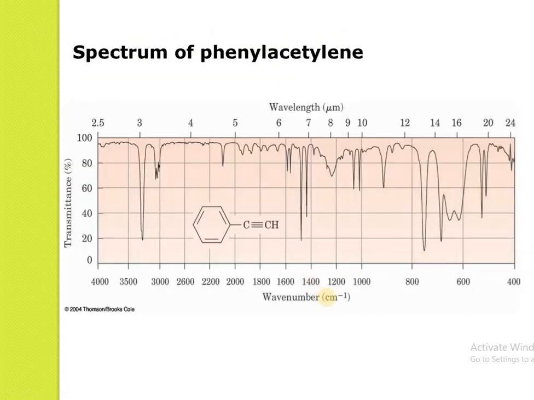If we see the spectrum of a compound having a benzene ring and an acetylene group, it is phenylacetylene. In this, for the benzene ring there are two absorptions near 1600. Here these are the two peaks due to the benzene ring, and then around 3300 it is due to the CH stretching of the CH attached to the triple bonded carbon atom, and this is due to C triple bond C stretching.